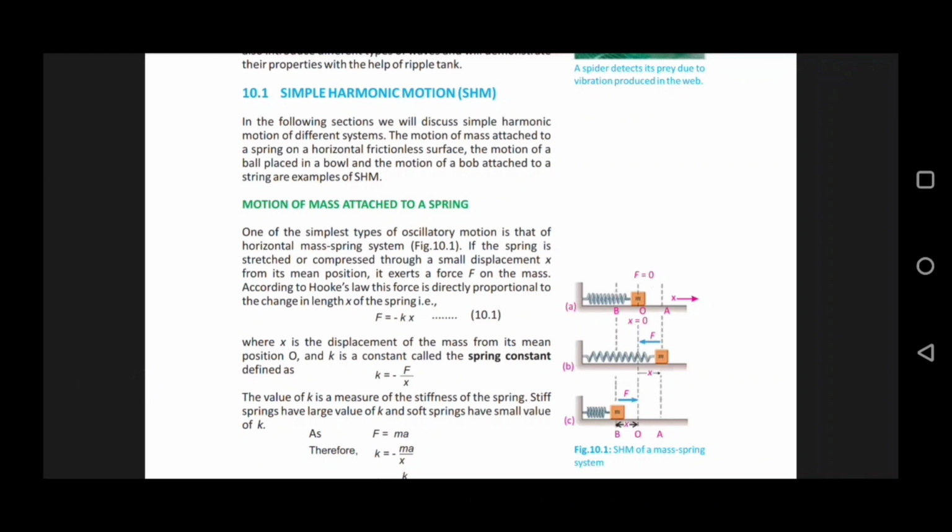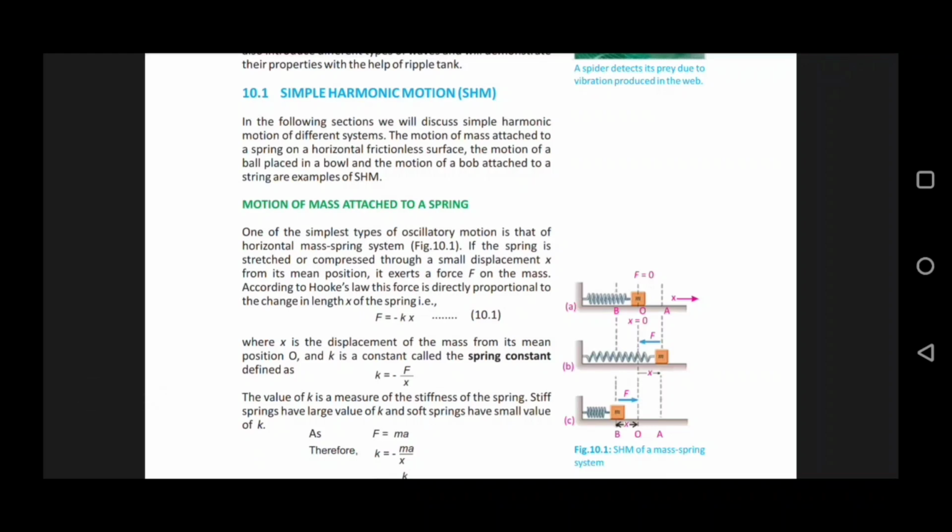And when the mass goes to the extreme position, the spring's length changes and does not relax, so the restoring force will act at the extreme position and move the mass to position O, and then it moves past position O due to the restoring force.